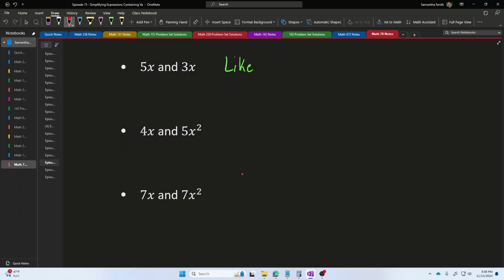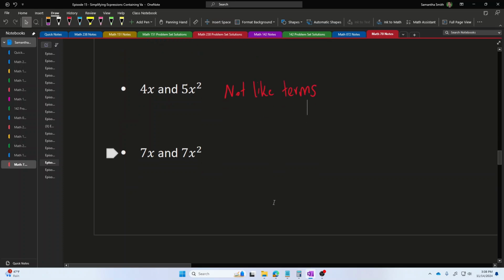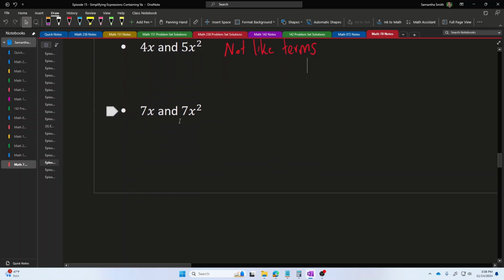So these are not piles of the same objects, so these are not like terms. Here I have a pile of 7x, and here I have a pile of 7 copies of x squared. So these are not like terms because the variable part in the back does not match.